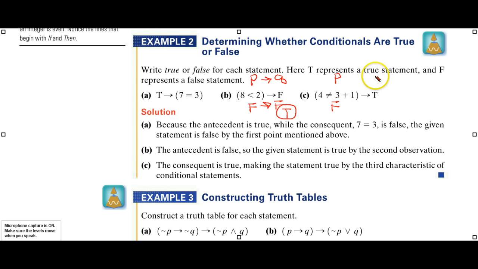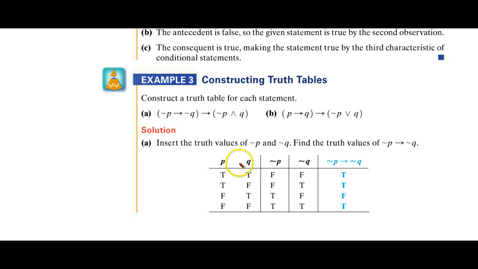So false yields Q, which we're saying is true. And again, looking at our truth table, false yields true is true.